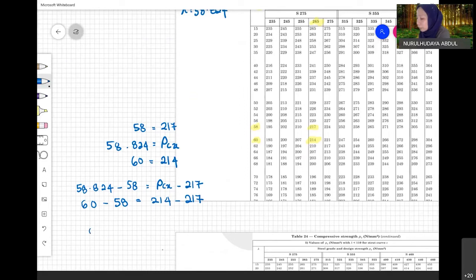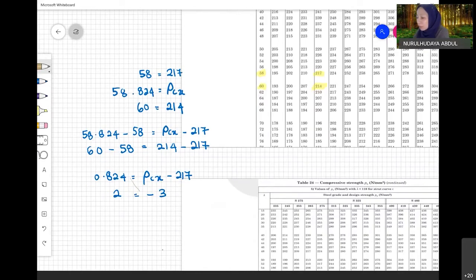So here I dapat 0.824 sama dengan PCX minus 217. 60 minus 58, 2. 214 minus 217, negative 3. What we need to do is kita darab silang. So you darab silang, you akan dapat value PCX. Negatif 3 darab 0.824, you akan dapat negatif 2.472.